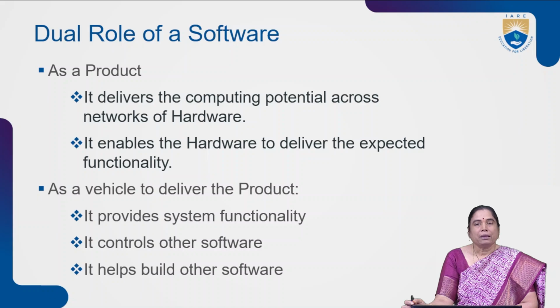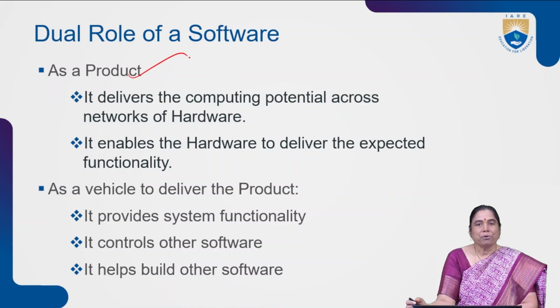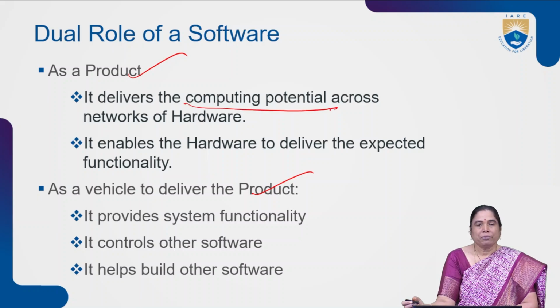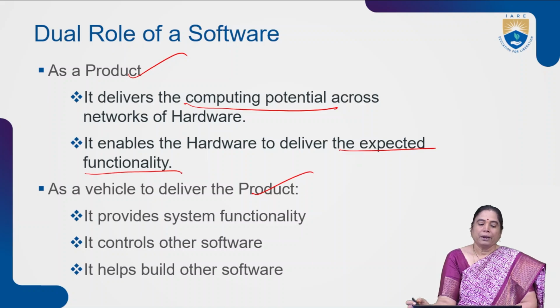Software can play a dual role. One role is as a product. The second role is as a vehicle to deliver the product. As a product, the software delivers the computing potential across a network of hardware, and it enables hardware to deliver the expected functionality. The second role is as a vehicle to deliver the product.